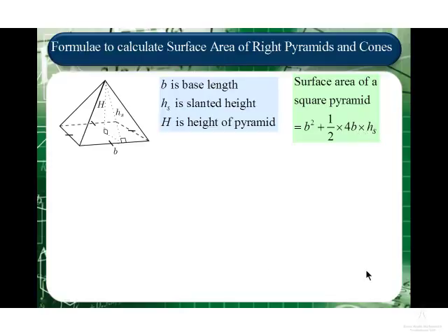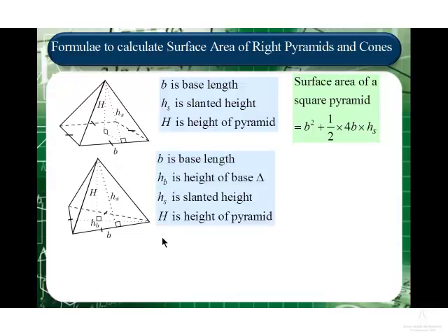Next we consider the right pyramid where we have an equilateral triangle as a base, as can be seen on the screen. In this case we have to consider the following parameters before we give this formula for the surface area of such a right pyramid.